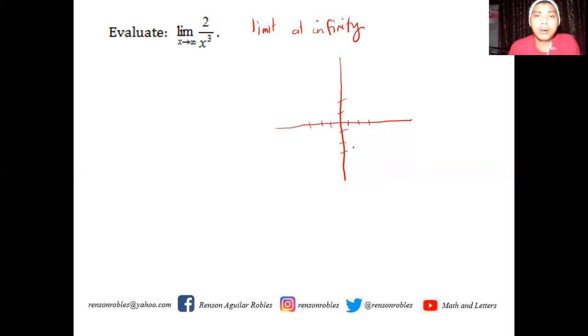the graph of 2 over x cubed. So we let f of x equal 2 over x cubed. So obviously when x is equal to 1, y is equal to 2. And then the graph of this function can be drawn this way. I'll just smoothly trace it for you. And then whenever x is negative, this is raised to the third power, which means y is still negative.